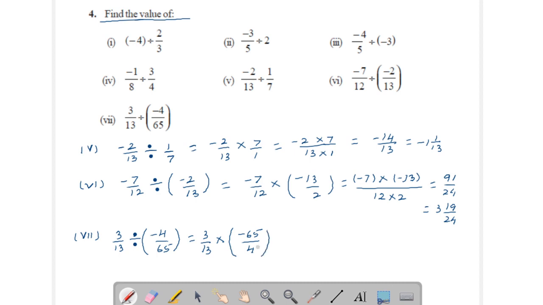Here you can simplify it. Cancel the terms. 13 one ja and 13 five ja 65. Here multiply numerator by numerator. That is 3 into minus 5 upon 1 into 4.